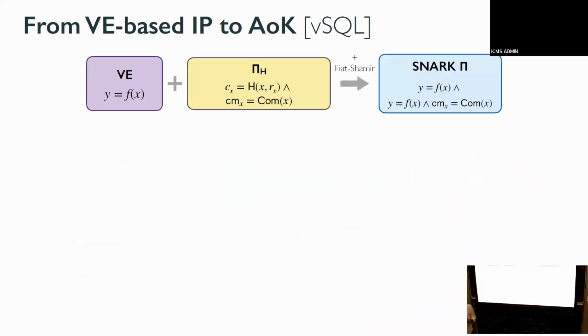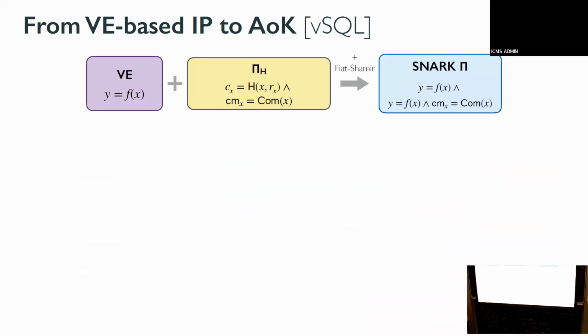Okay, so how can we now use a verifiable evaluation scheme in order to get a SNARK? I'm giving a simplified version of this compiler for the case where you can think that there is no W. In some sense, X is your witness, okay?